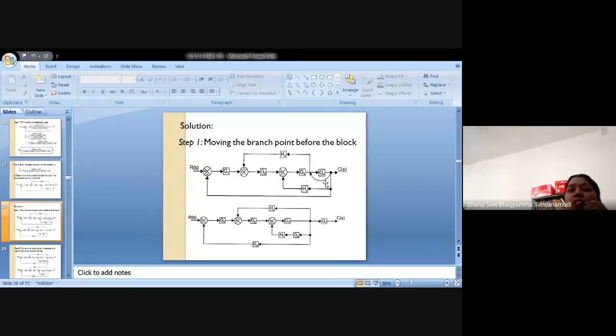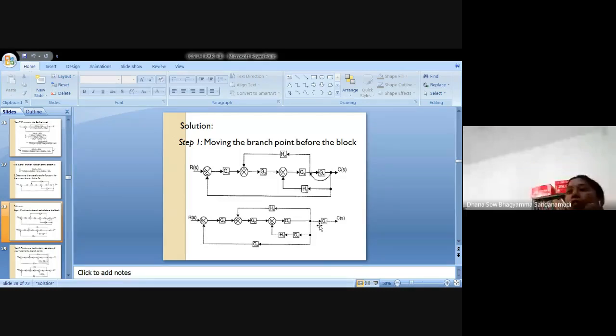What I have done is I have moved behind G4, so a block whose gain value is equivalent to G4 is added here. Now G4 is left over, it doesn't matter. At last, after simplification, a single block will be in cascade with G4, so simply that block value into G4 will give us the overall transfer function.